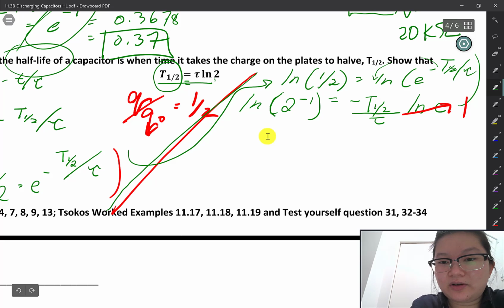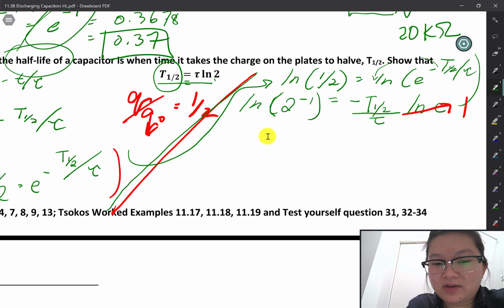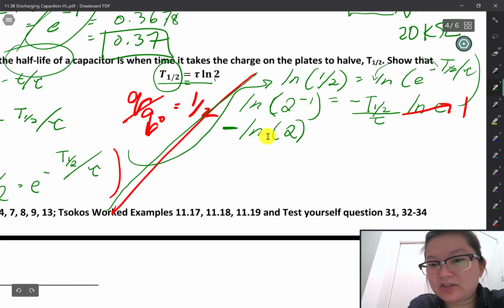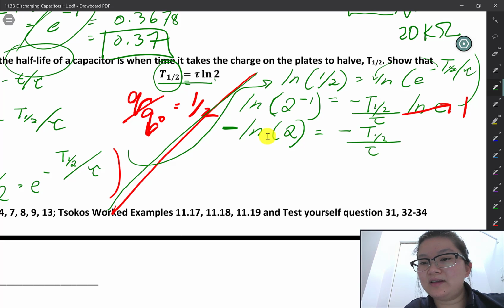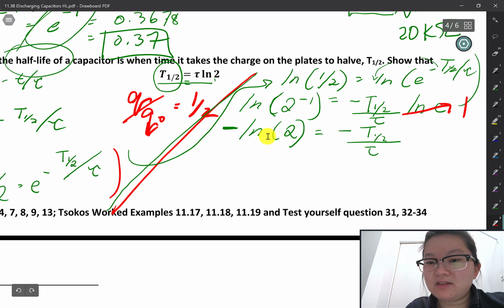And I'm also going to pop out the negative in front with the 2 to the negative 1. So I get negative ln of 2 is equal to negative the half-life divided by tau. Since ln e is just equal to 1, that disappears from my equation. Now I have 2 negatives on both sides, which I can just make positive.